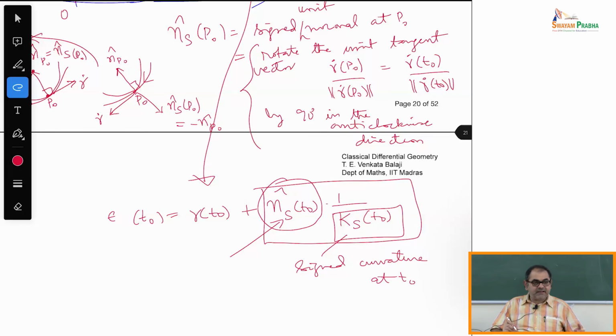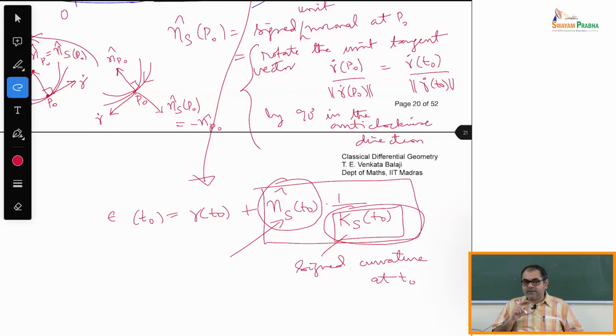Rotating a vector by 90 degrees anticlockwise is a mathematical operation, in the sense that it can be written down analytically. Rotation of a vector can be written out, for example, in linear algebra using a rotation matrix. So this is analytically defined, and I have cleverly absorbed the sign into the curvature.